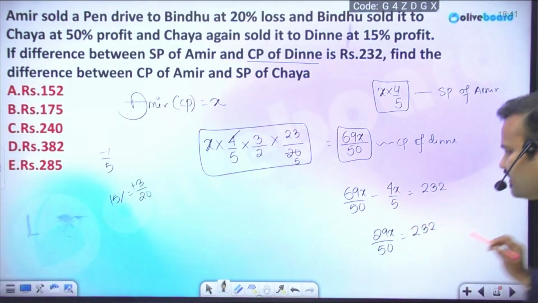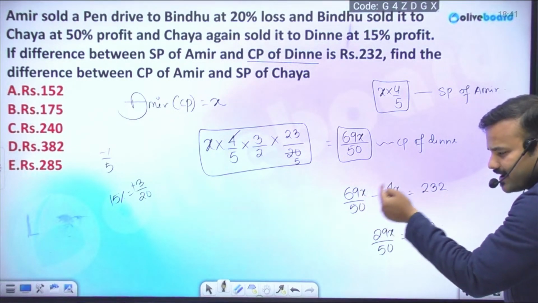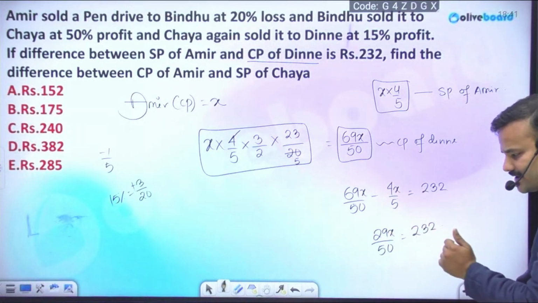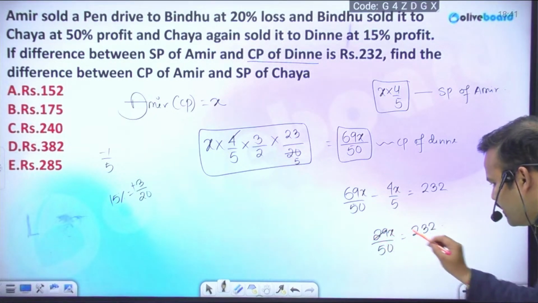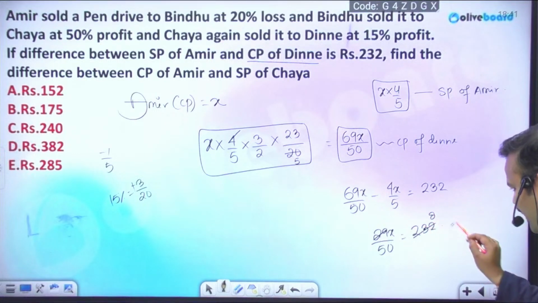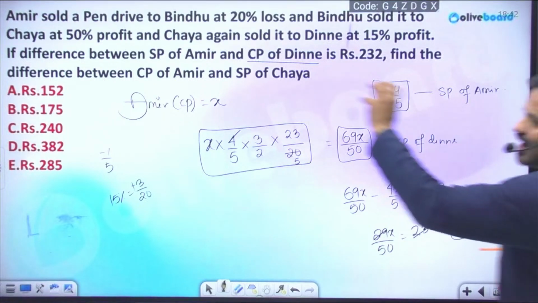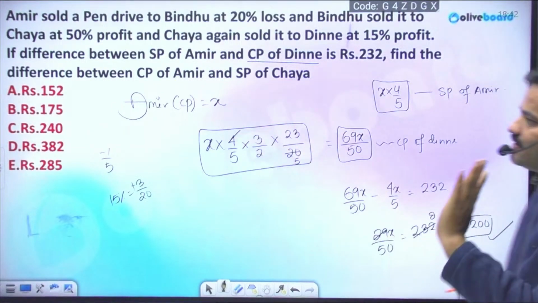Is it clear? Sir, I am multiplying with this 10. This has to be a multiple of 29, so 8 times. So the value of X is 200. So the cost price for Amir will be 200 rupees.